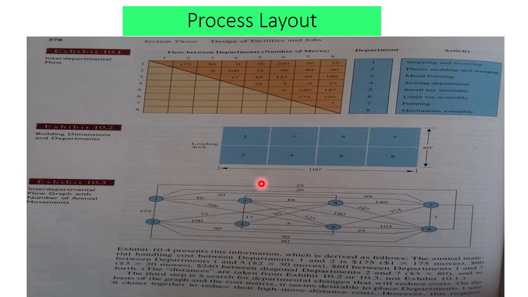So we have to rearrange those departments so that it will bring the minimum possible cost, so that it will give the lowest possible cost of transportation. This is a table form, and this one is a diagram. They are the same.